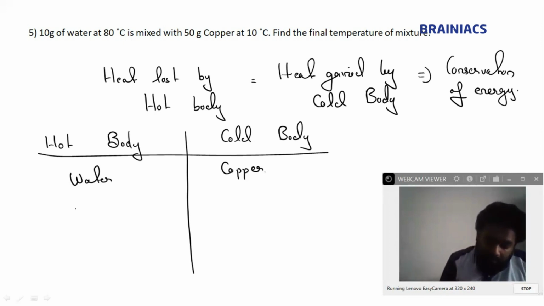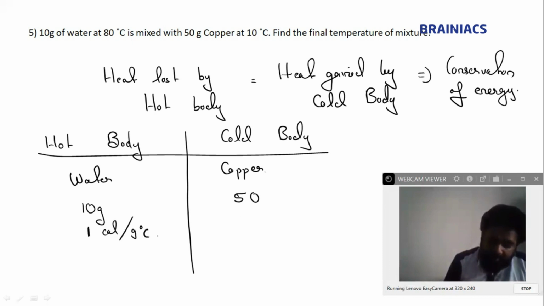What is the mass of hot body? 10 gram. What is the mass of cold body? 50 gram. What is the specific heat capacity of hot body? This is 1 calorie per gram degree centigrade.